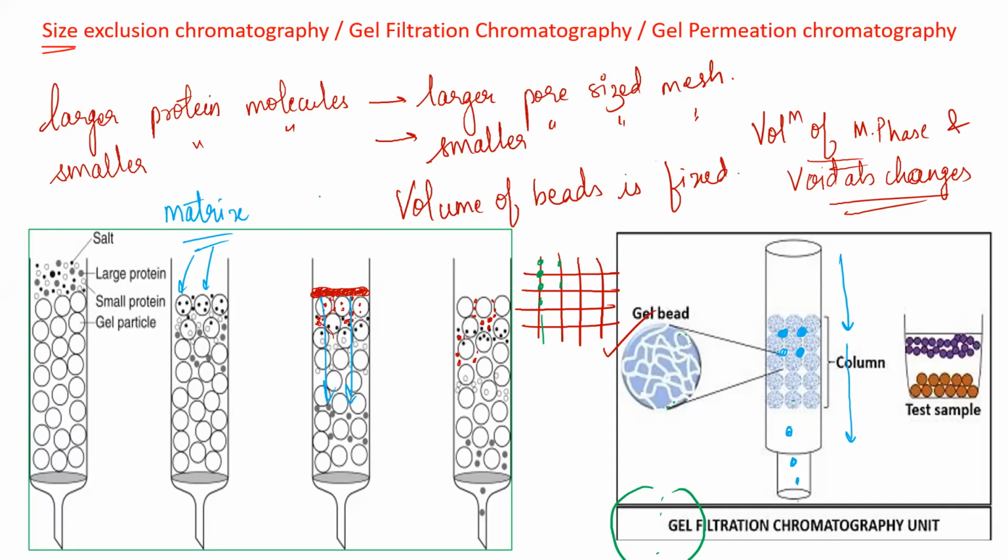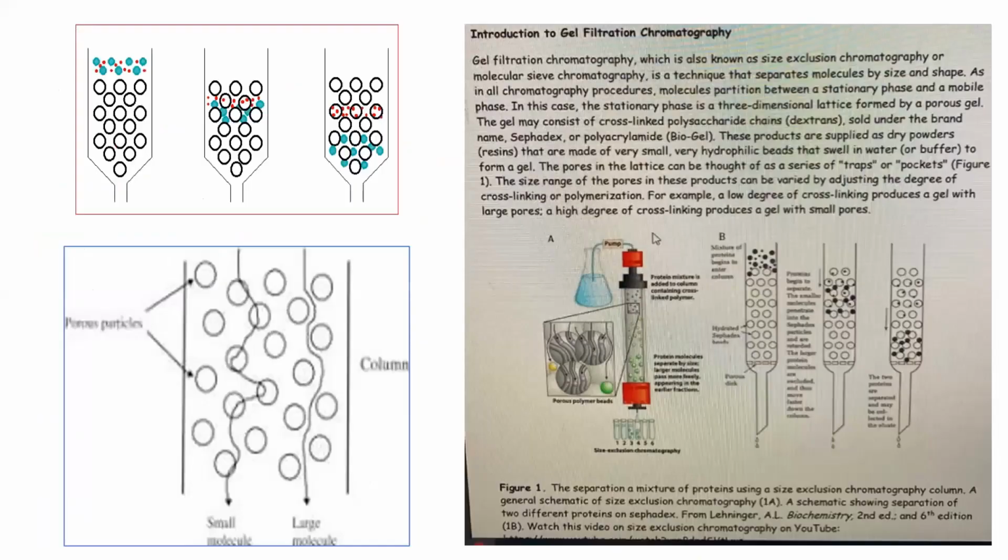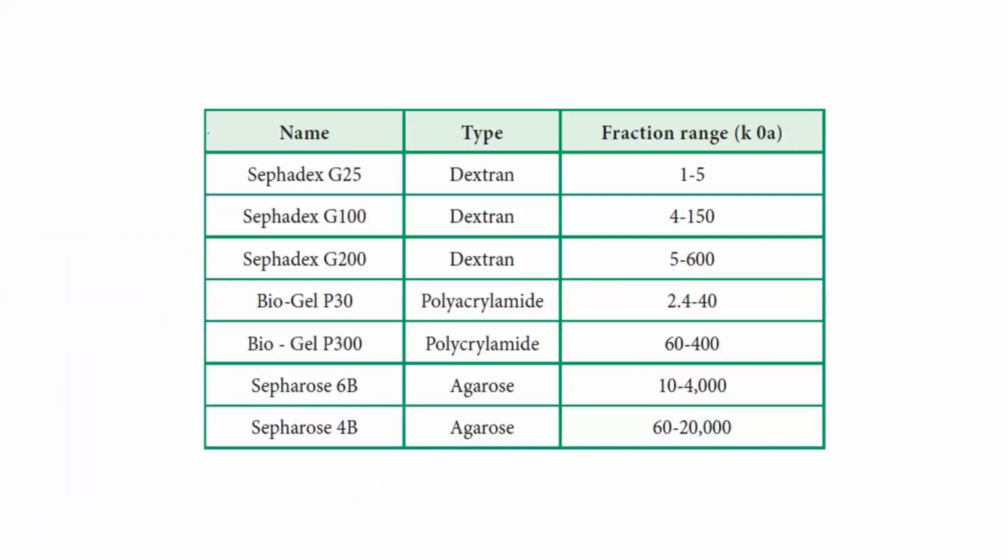We are going to see one video where a student is demonstrating how gel permeation chromatography is done. Now you have proteins of different molecular masses, and based on that there are different types of Sephadex that you can use. Yeah, so these are the ones.